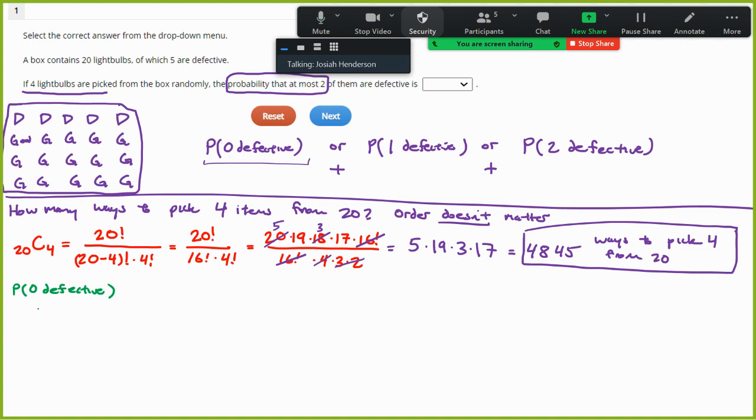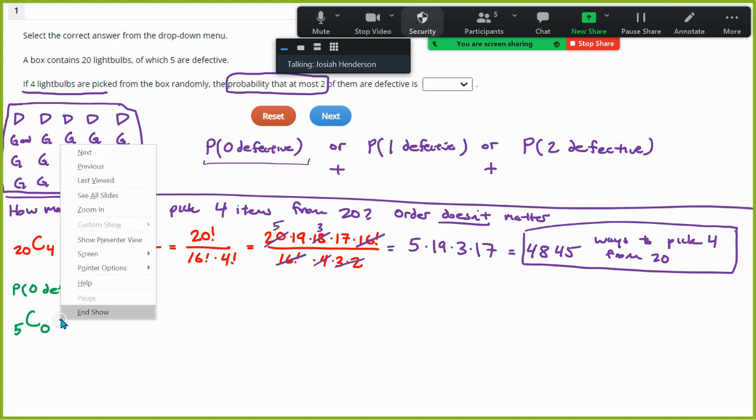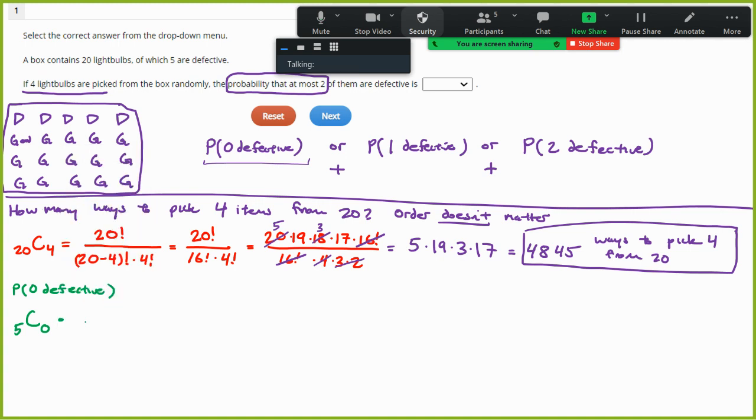So we're going to show 5 defectives, choosing 0 of them, and that gets multiplied to the good versions. There's 15 total good, and we want to pick 4 of those. So we have to do 2 different combinations, multiply them together, and that's going to be the numerator for this first probability that we're doing, probability of 0 defectives.